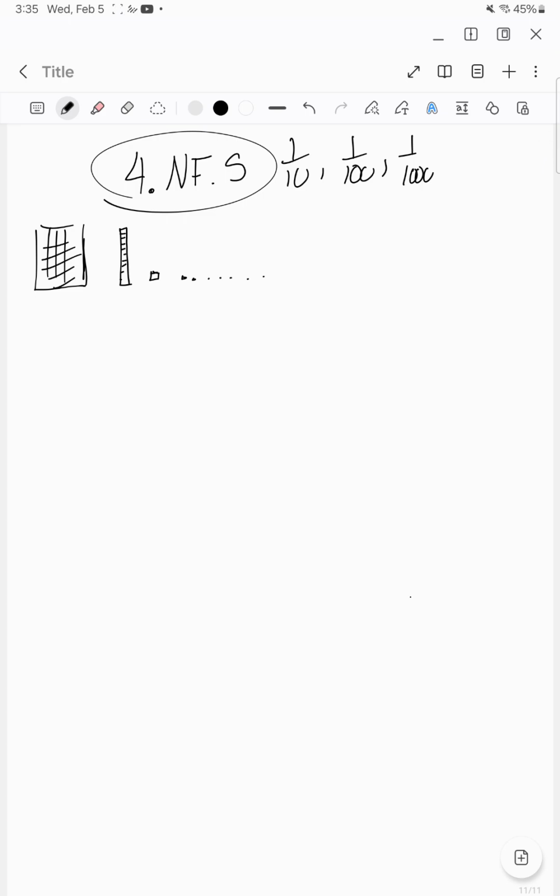So we do the place value chart, and I say ones. After that, you got tens, hundreds, thousands, 10,000s, 100,000s, and if you kept going, you would have 1 million.